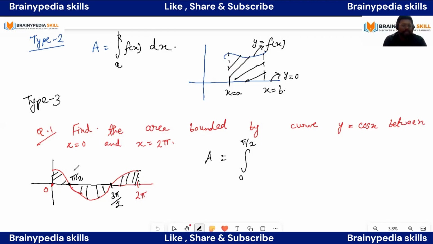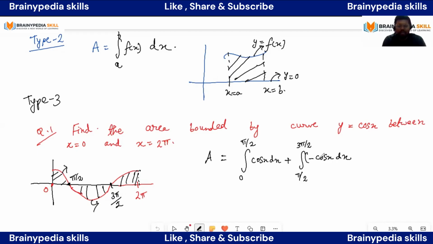This curve is lying above the x-axis, so integral of cos x dx from 0 to pi by 2. This curve is lying below the x-axis, so from pi by 2 to 3 pi by 2, minus of cos x dx.